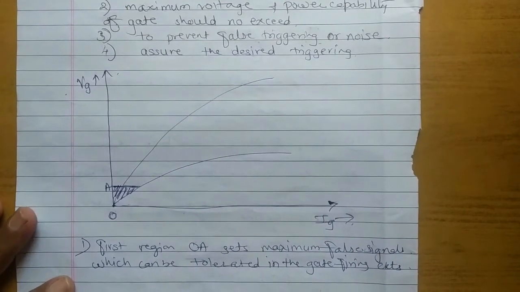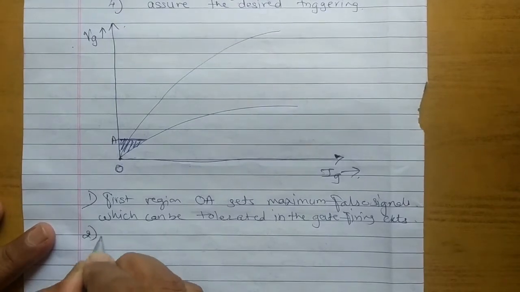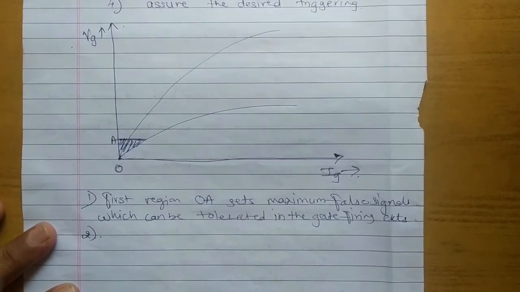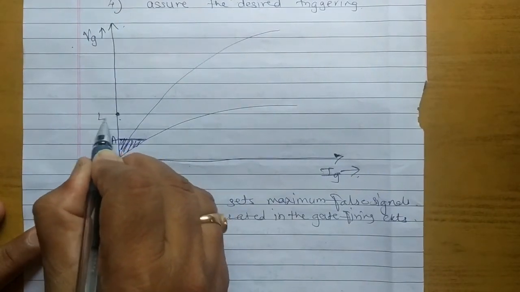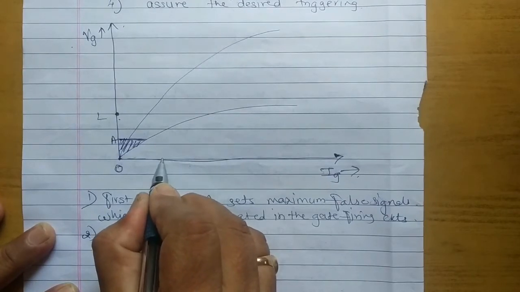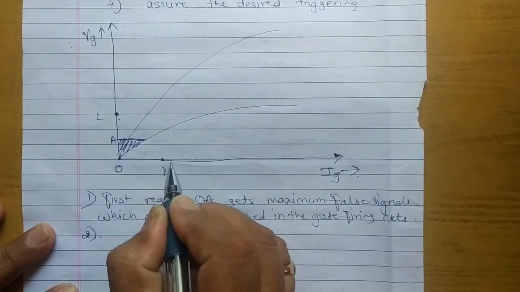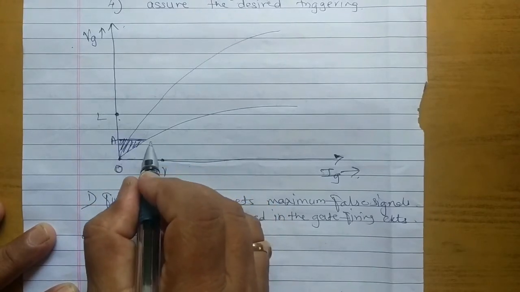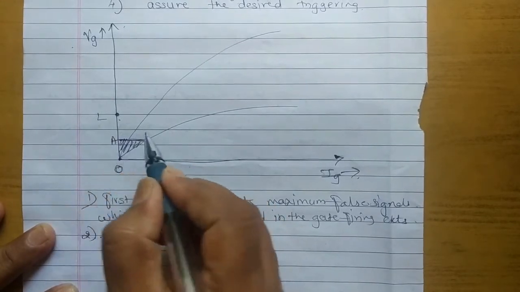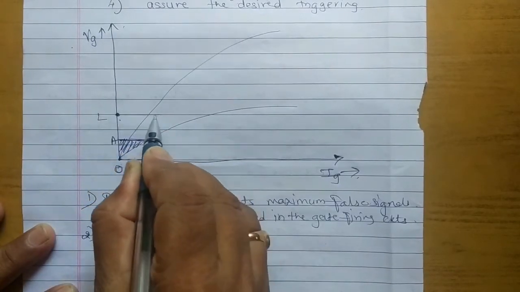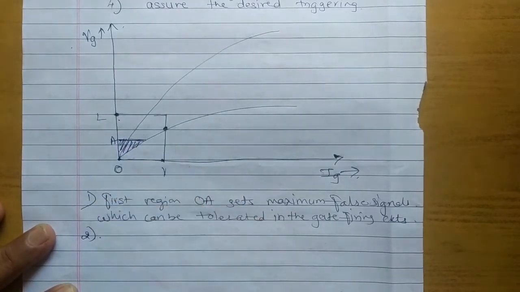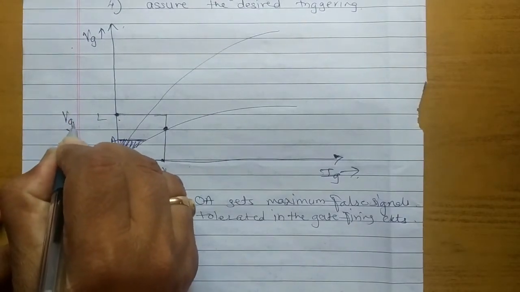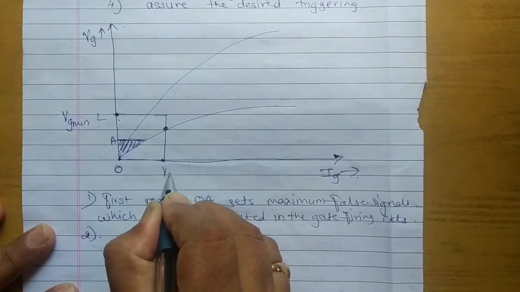Now the second region is the region which I am drawing here. This is the intersection point that we will be having. This is VG minimum and this is IG minimum.